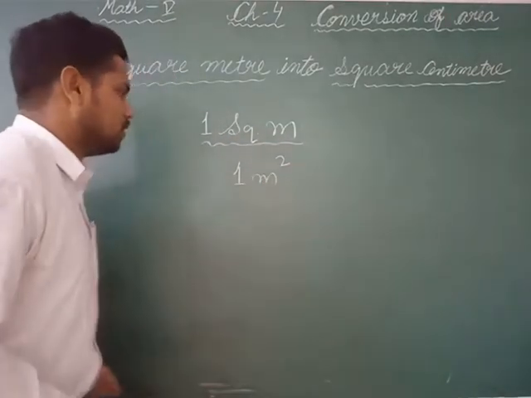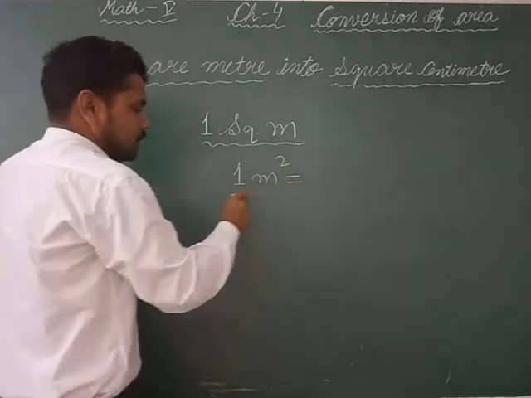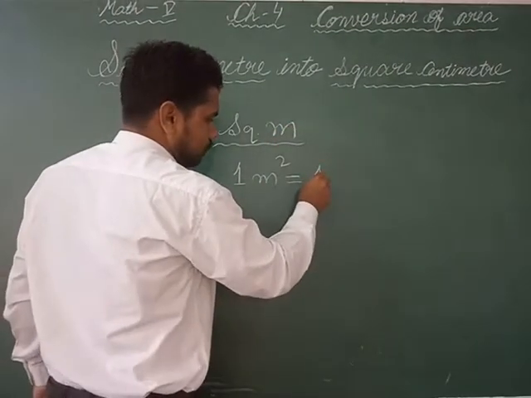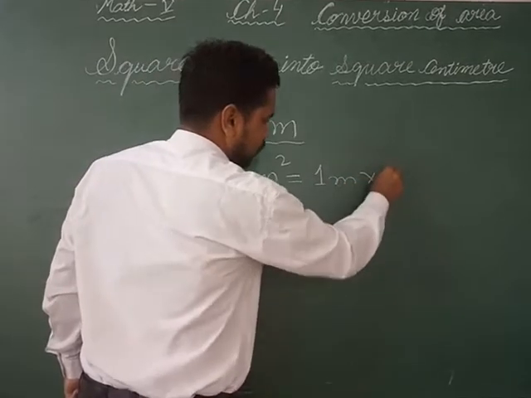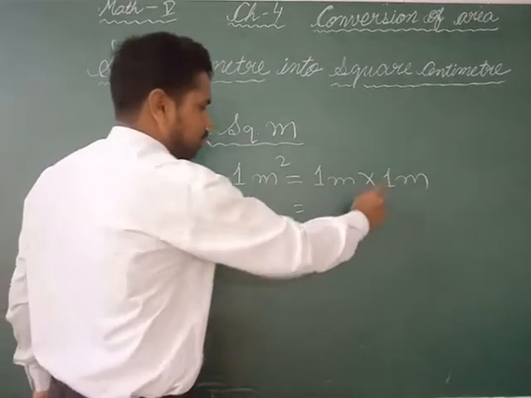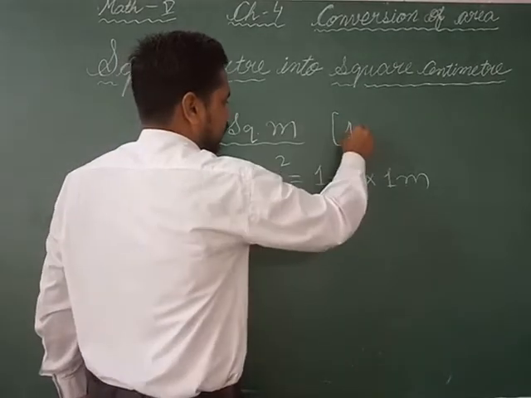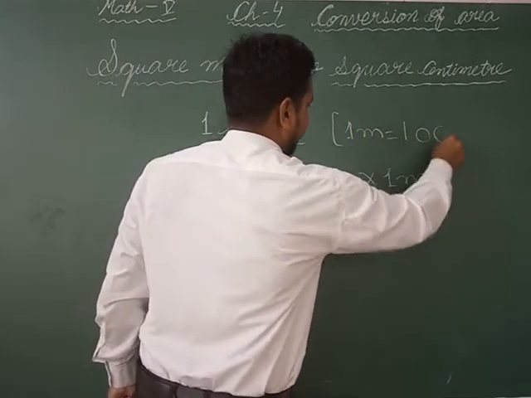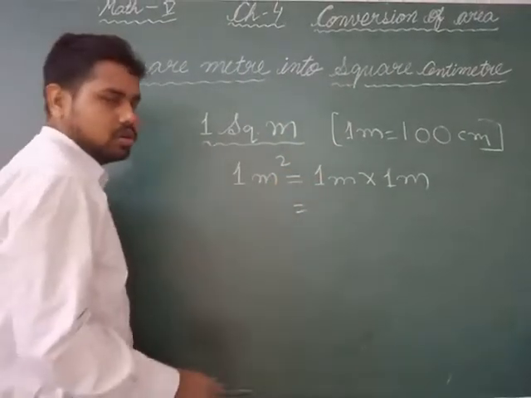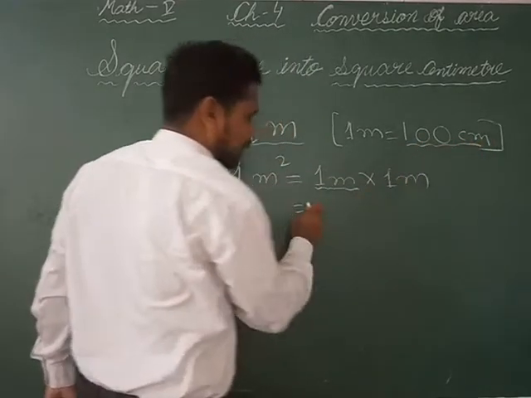If I want to convert from meter to centimeter, how can we convert? Let's see. We know 1 meter square or 1 square meter is equal to 1 meter into 1 meter, right? Now we have already learned in class 4 that 1 meter is equal to 100 centimeter. So we can put the value of 1 meter as 100 centimeter here.